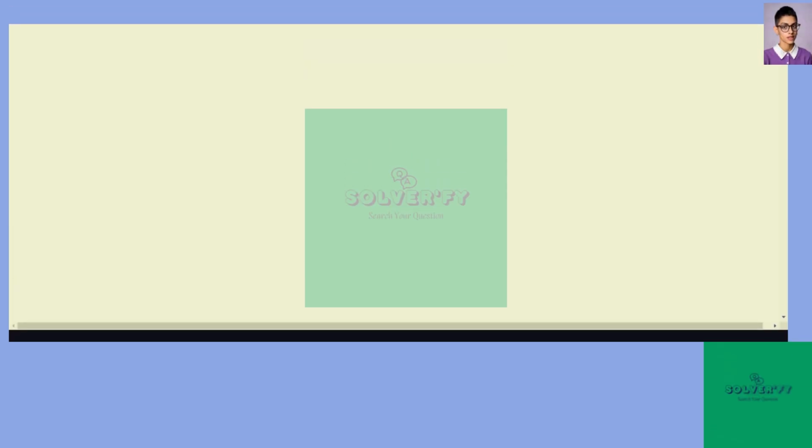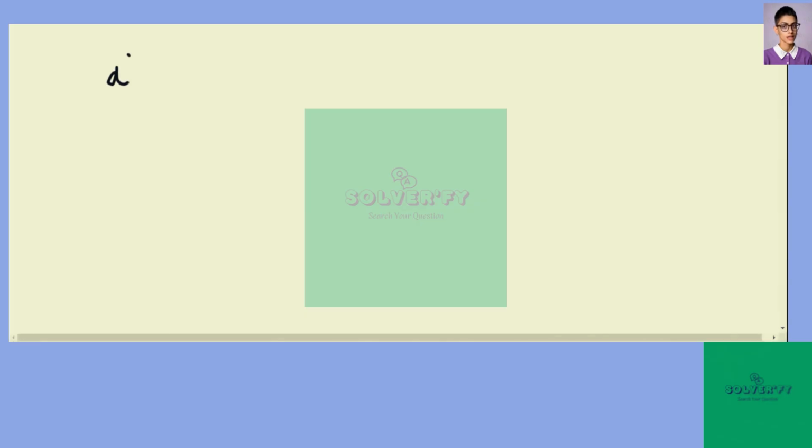We are given nonplanar graphs, and we are asked to determine which of these graphs have the property that the removal of any vertex and all edges incident with that vertex produces a planar graph. So in part A, we're given the graph K5, the complete graph with 5 vertices.